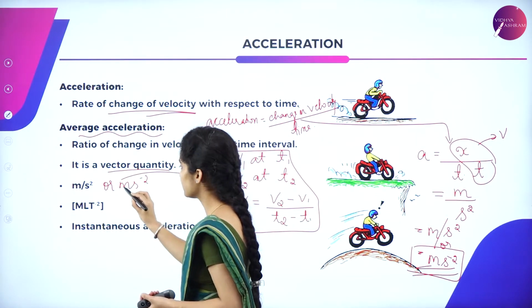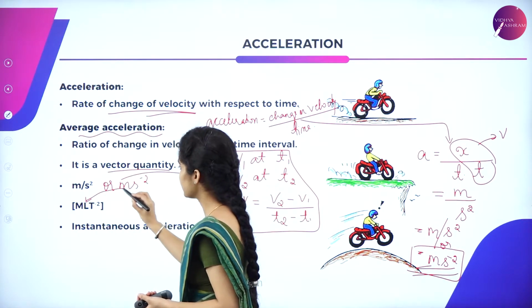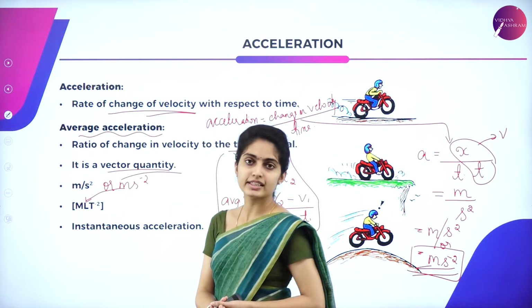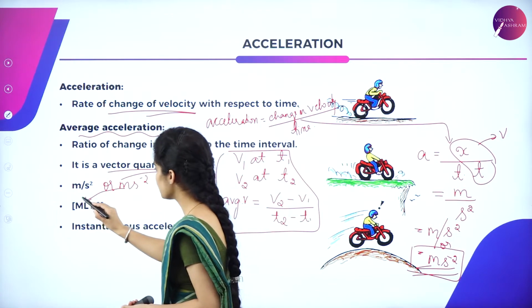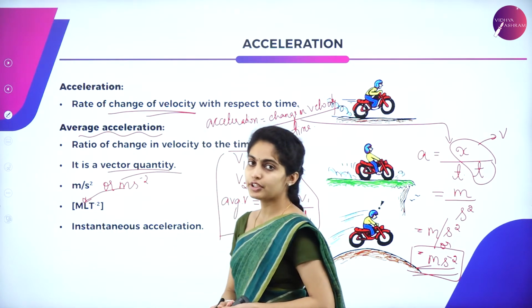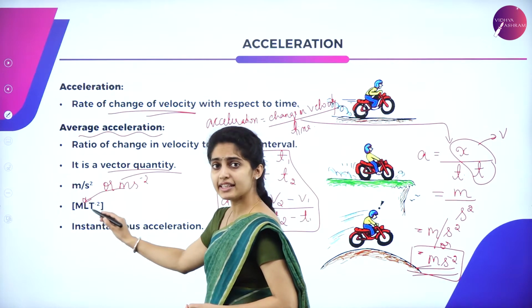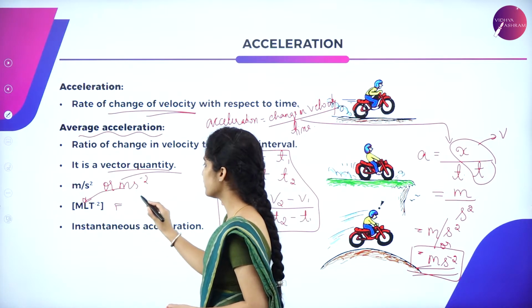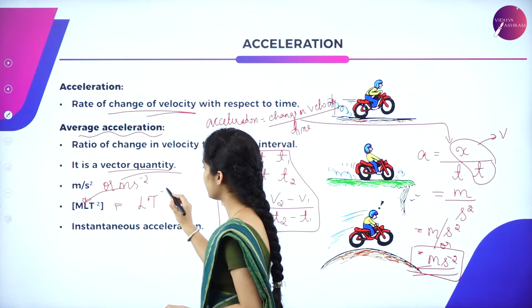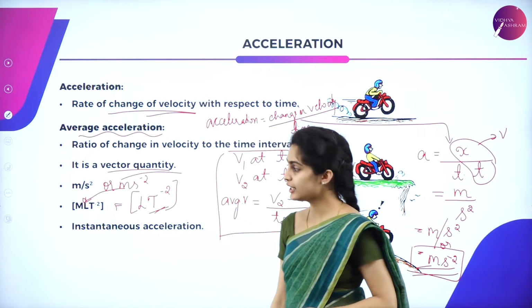So m is L, and s is nothing but t minus 2, and m to the power of 0, since we don't have mass here, M naught L t minus 2, which can also be written as LT minus 2. This is the dimension of acceleration.